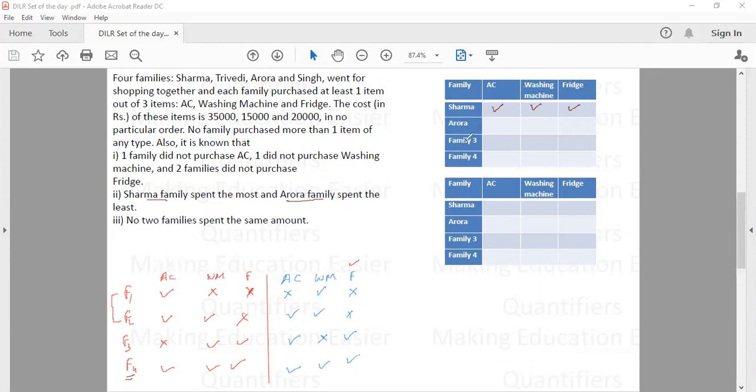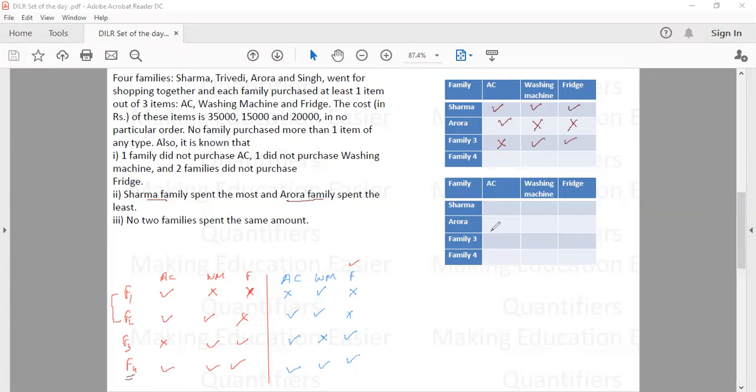In the first case, this Arora family is purchasing AC. And next, F3, I do not know whether this is the Singh family or the Trivedi family. I do not know about that, so let us keep it that way only. Right.